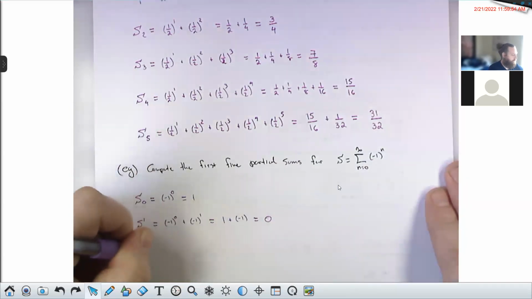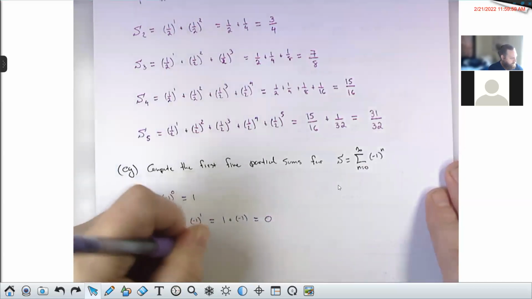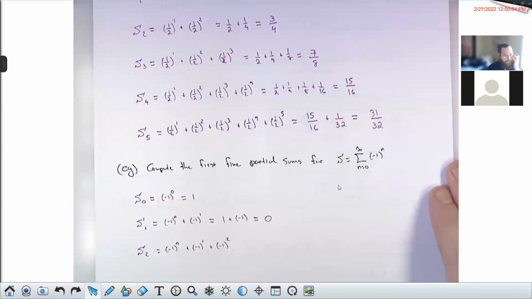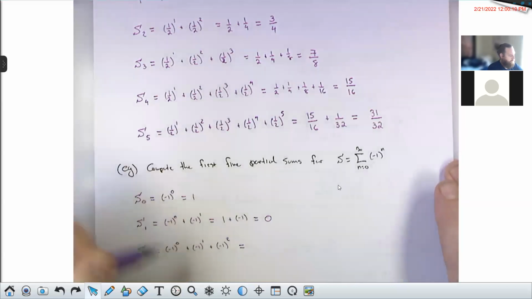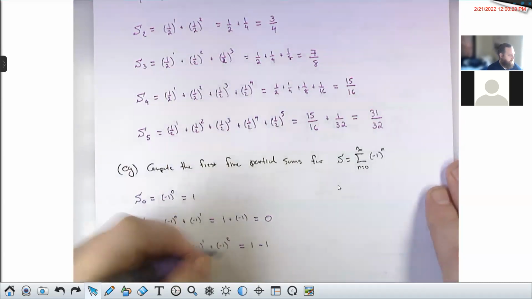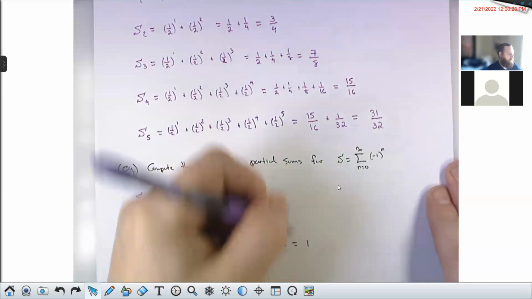S2 is (-1) to the 0 plus (-1) to the 1 plus (-1) to the 2. You see what we're doing, right? The S's compute the sum, but not the whole sum, just part of it, hence the name partial sum. So this is 1 minus 1 plus 1, and that's 0 plus 1, which is 1.